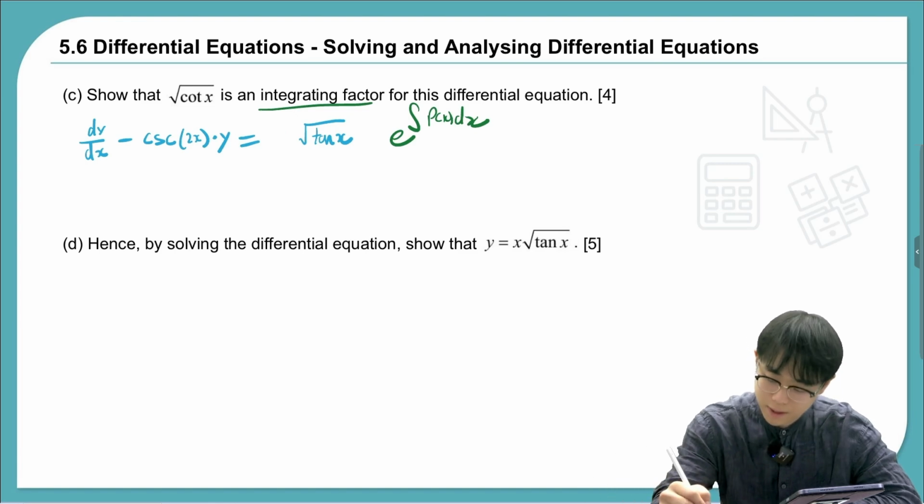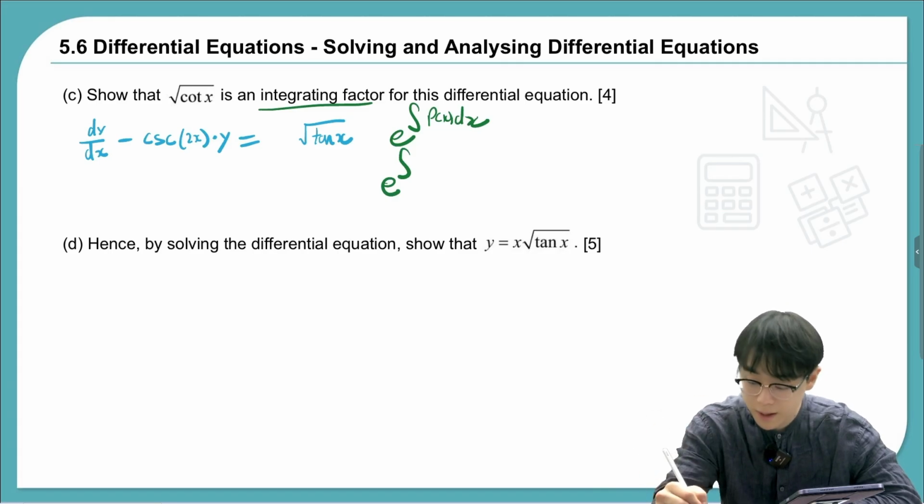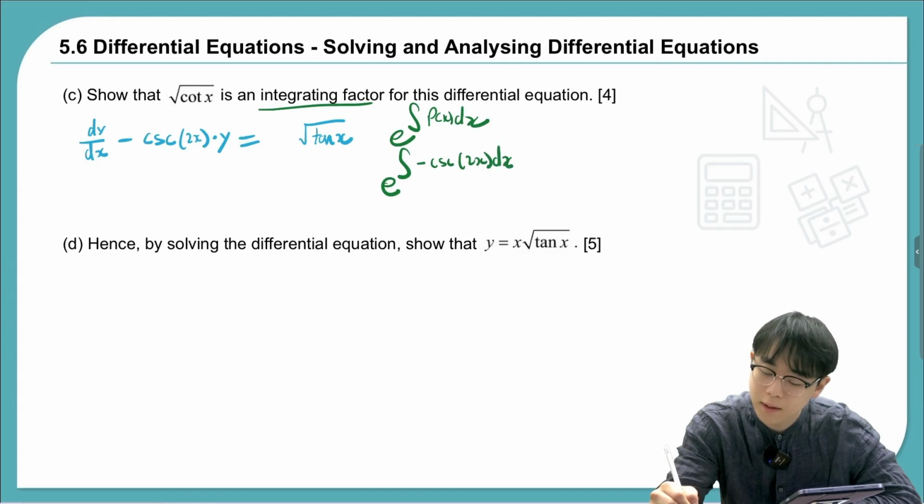Okay. So in that case, our integrating factor is e to the power of integral of negative cosecant 2x.